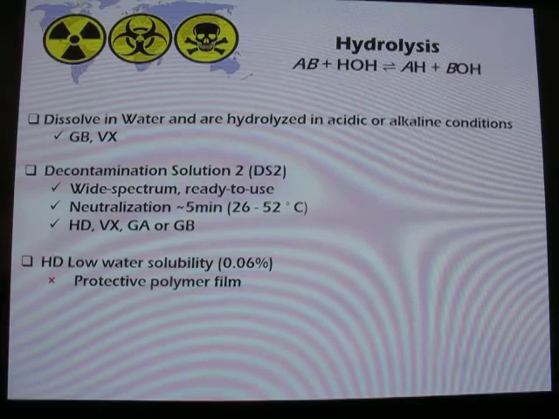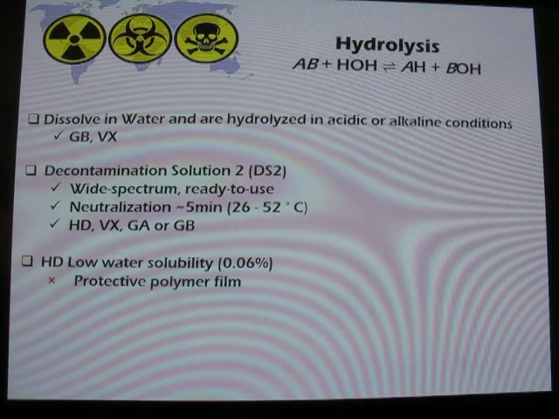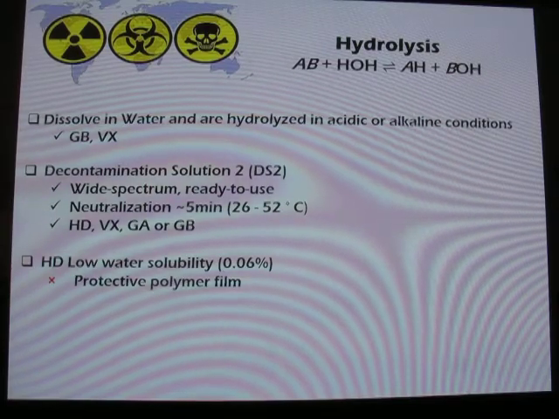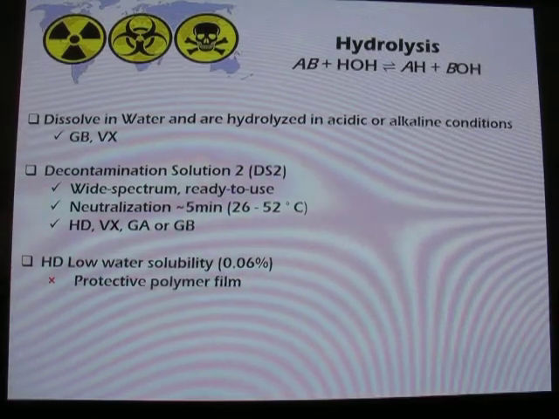It's called AB. This AB, in reaction with water, HOH or H2O, produces two products, AH and BOH. So AB dissolves in water or reacts with water, producing AH and BOH.